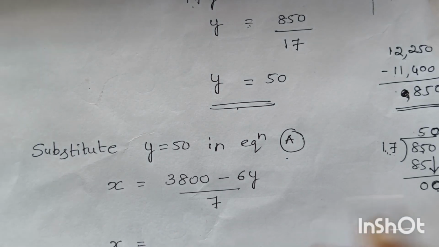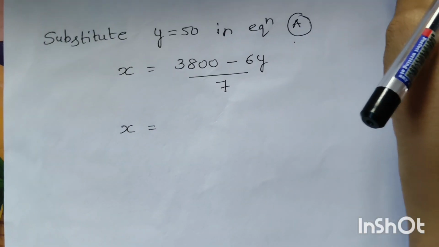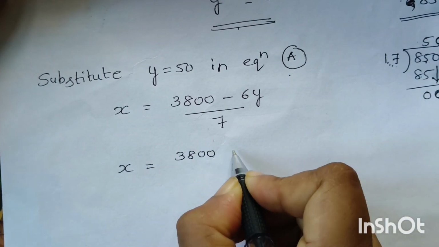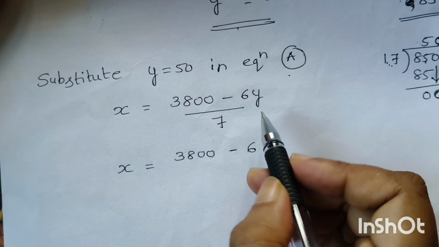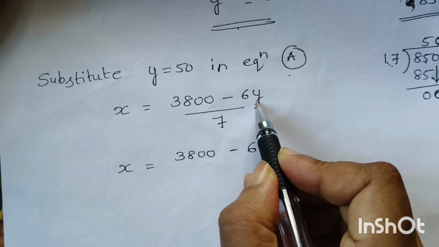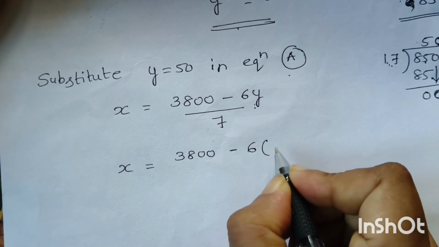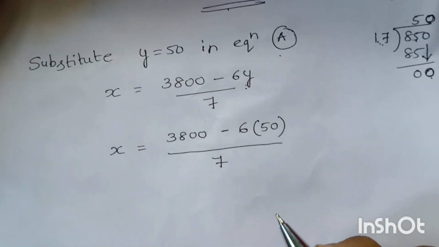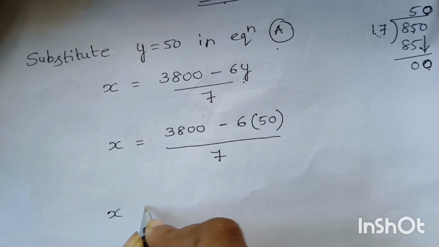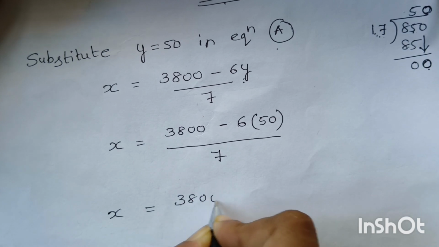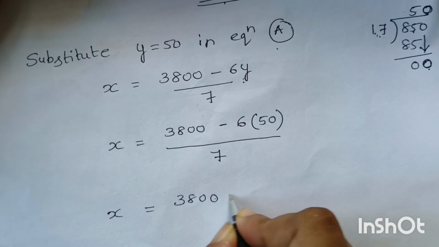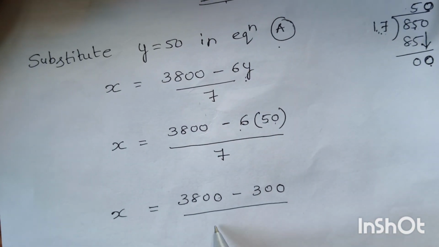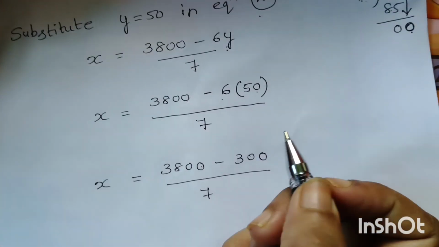Let us write x is equal to 3800 minus 6 into y. The value of y is how much? 50, right? Therefore, into 50 divided by 7. x is equal to 3800, 6 5s are 30, that is 300. 6 into 50 is 300 divided by 7.